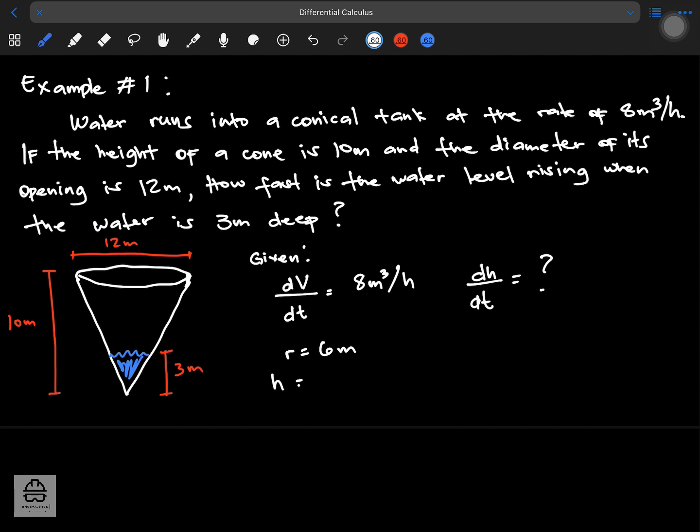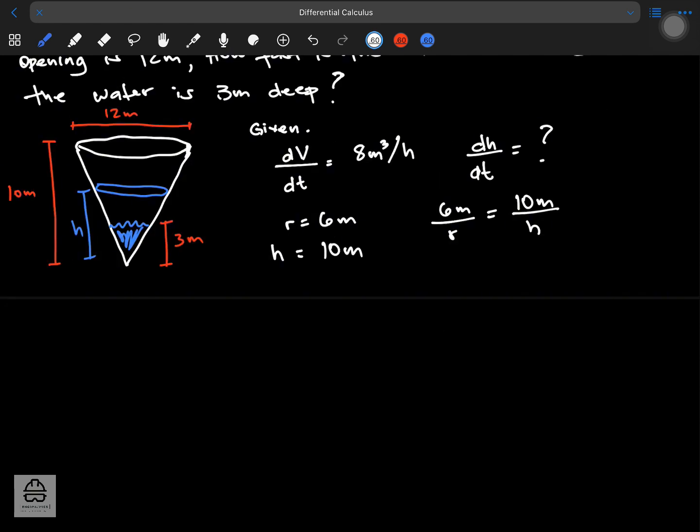Now, if we are going to observe the figure, we all know that if there is a change in height in our figure, there will also be a change in diameter. Our 6 meters radius is equals to our 10 meters height because the change in our height will also lead to the change in our radius or our diameter.